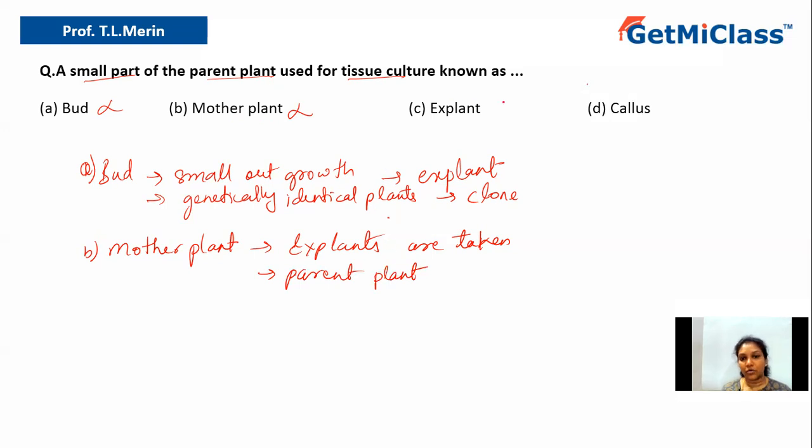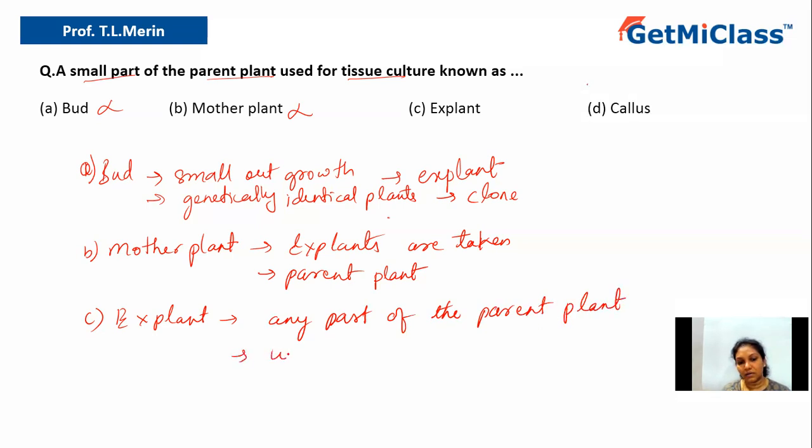Now, let us talk about option C. Option C says explant. So what is explant? As the name indicates, ex means it was a plant earlier, and now it is an explant. It has been taken away from the main plant. It can be any part of the parent plant which can be used for tissue culturing.